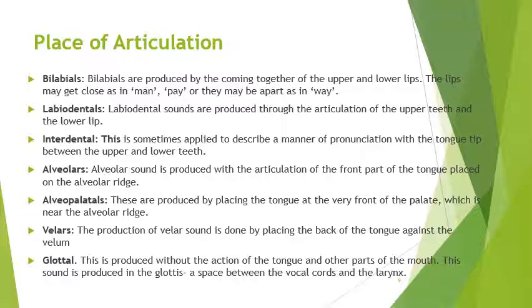Then we have interdental. This is sometimes applied to describe a manner of pronunciation with the tongue tip between upper and lower teeth. And we have sounds like th, as in thin, and th, as in then.